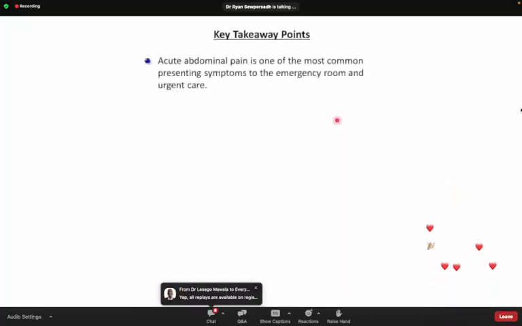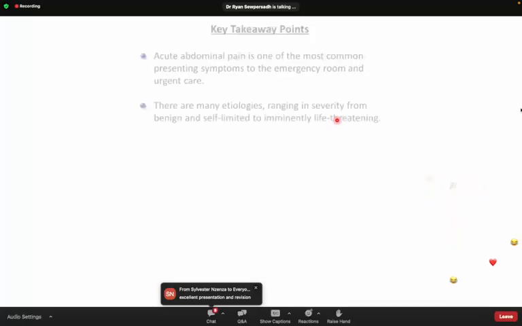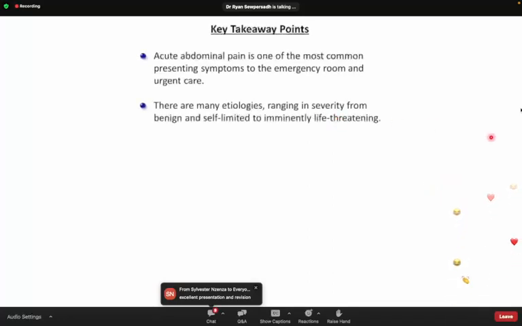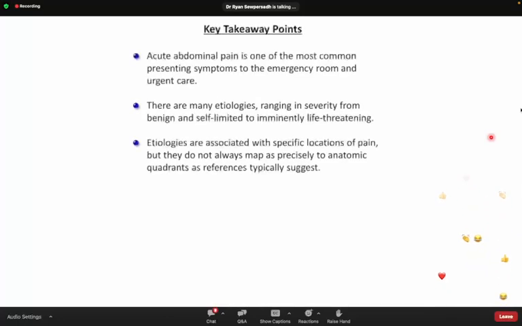Okay, guys, this is your doggy bag now. Key takeaway points. Acute abdominal pain is one of the most common presenting symptoms to the emergency room and urgent care. There are many etiologies ranging in severity from benign and self-limited to imminently life-threatening. Etiologies are associated with specific locations of pain, but they don't always map as precisely to anatomical quadrants as references typically suggest.